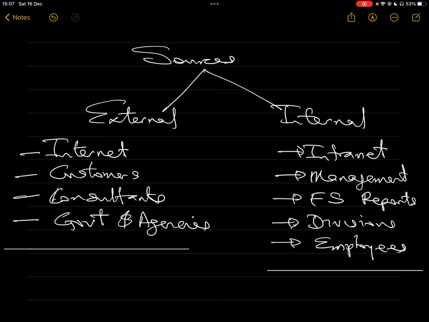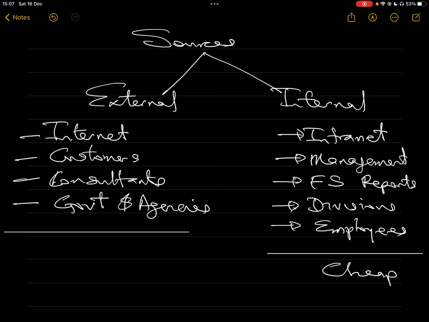And what are the advantages? Internal information is usually very cheap because most times it is free. External might be cheap as well, but most times it comes at a cost. Generally, it might come at a cost. But this might be more reliable because it's external, depending on the type of information you are looking at.